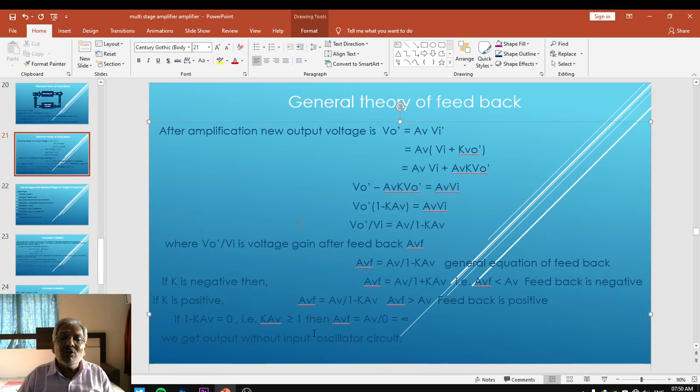Thus we get output without any input, which is known as the oscillatory circuit. To design the oscillatory circuit, feedback must be positive. When feedback is positive and 1 minus KAV equals 0, the amplifier circuit is converted into an oscillatory circuit. This aspect we are going to study in the next topic.